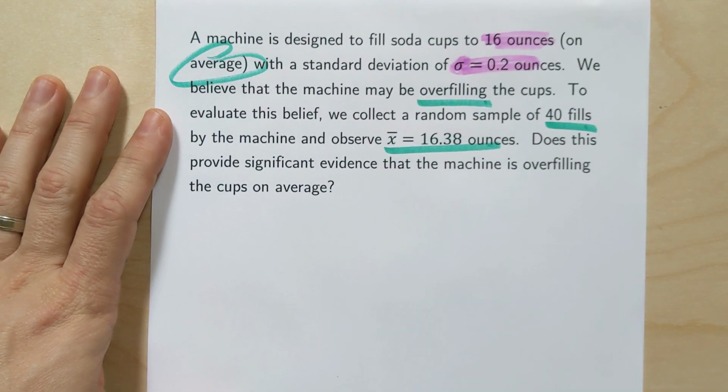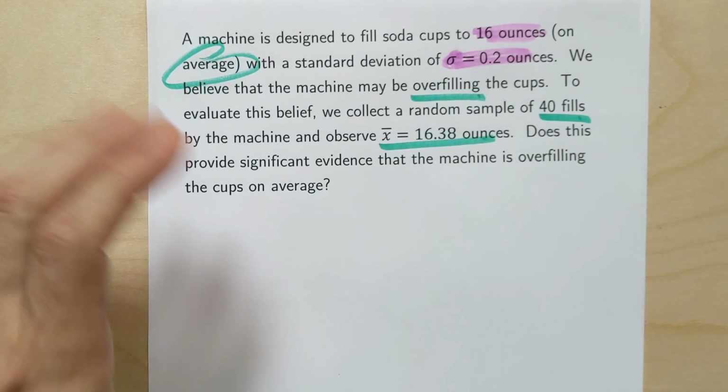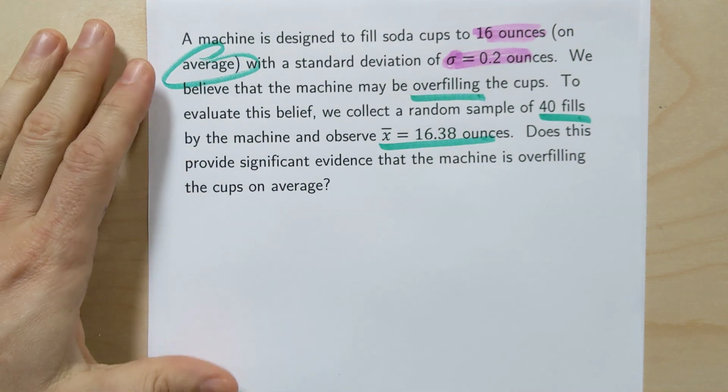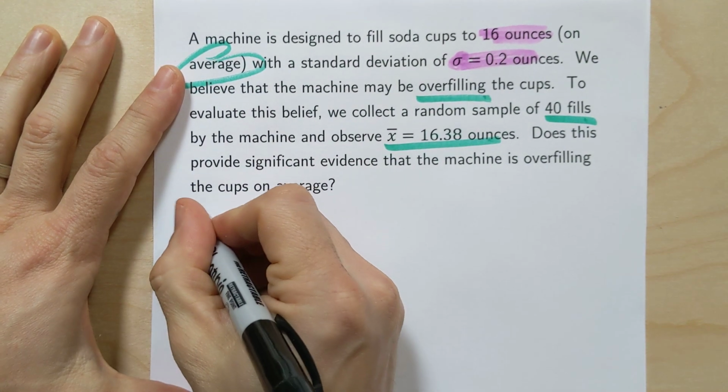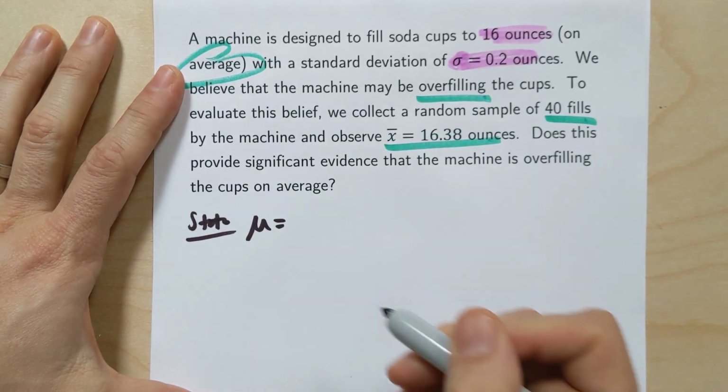So let's begin our 4-step process. Remember, the first thing we're supposed to do is state. You don't actually have to write the word state, but I'm going to do that just to keep things clear. To state, the first thing I need to do is define my parameter.